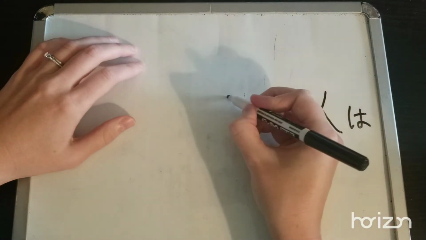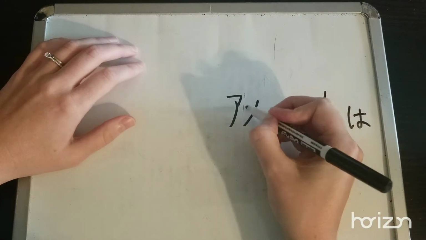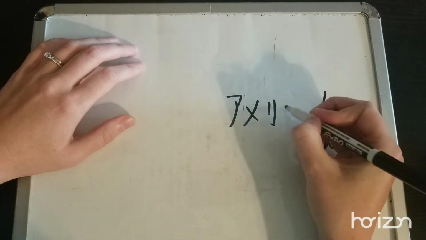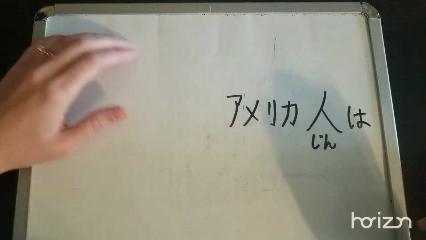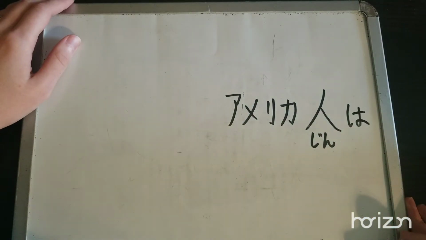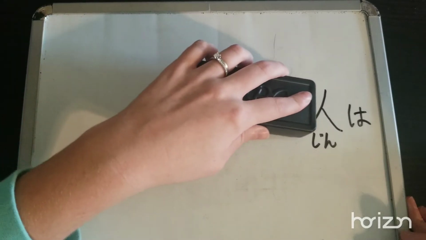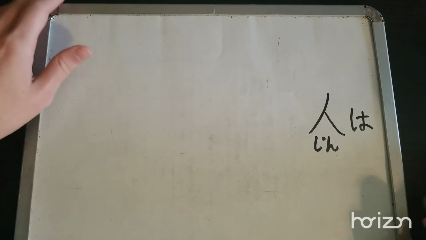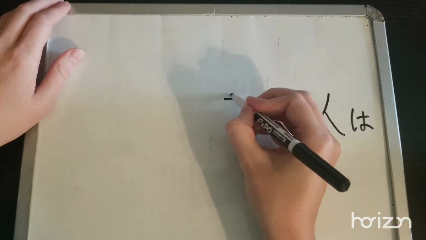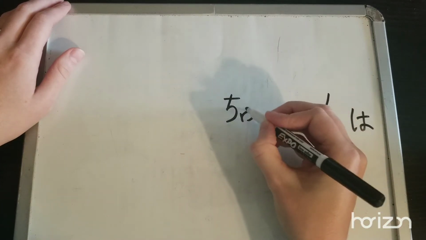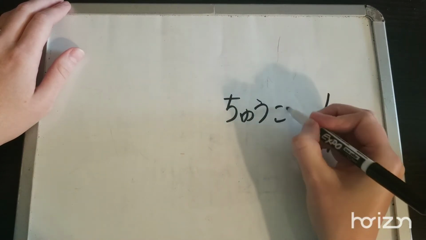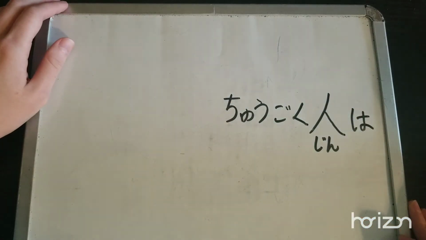So I could put America, just for example, America-jin. Or Chugokujin, and so forth.